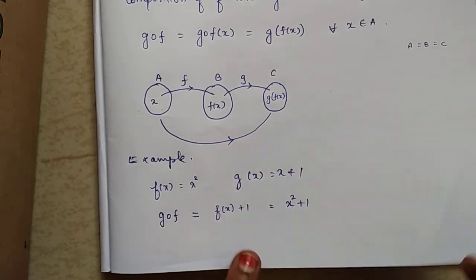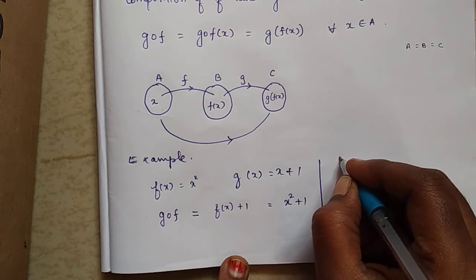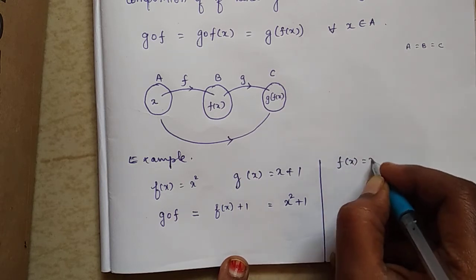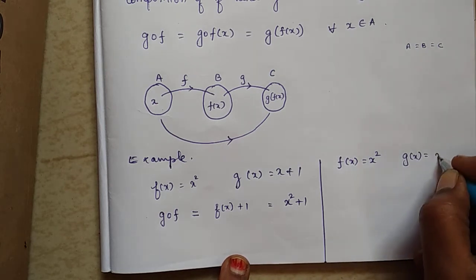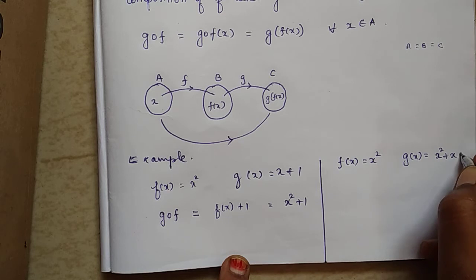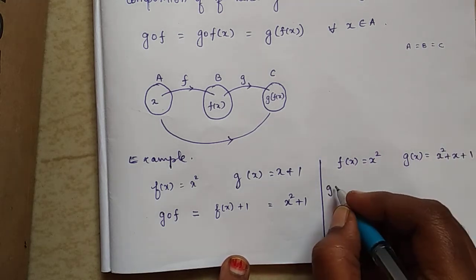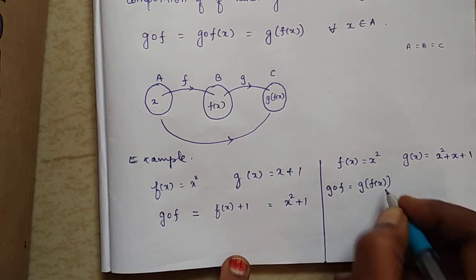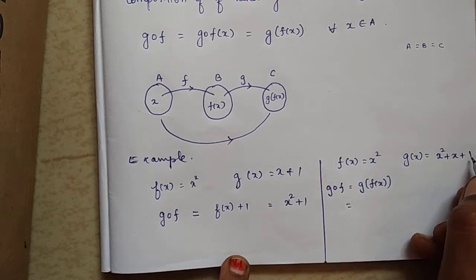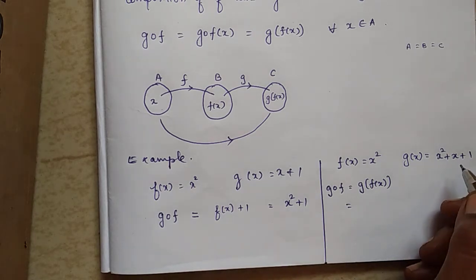Now let us take a second example. f of x is equal to x square, g of x is equal to x square plus x plus 1. Now see here, g of f is equal to g of f of x. Wherever I have x, whatever the power is, cube, square, whatever it is, leave it, don't worry about that.